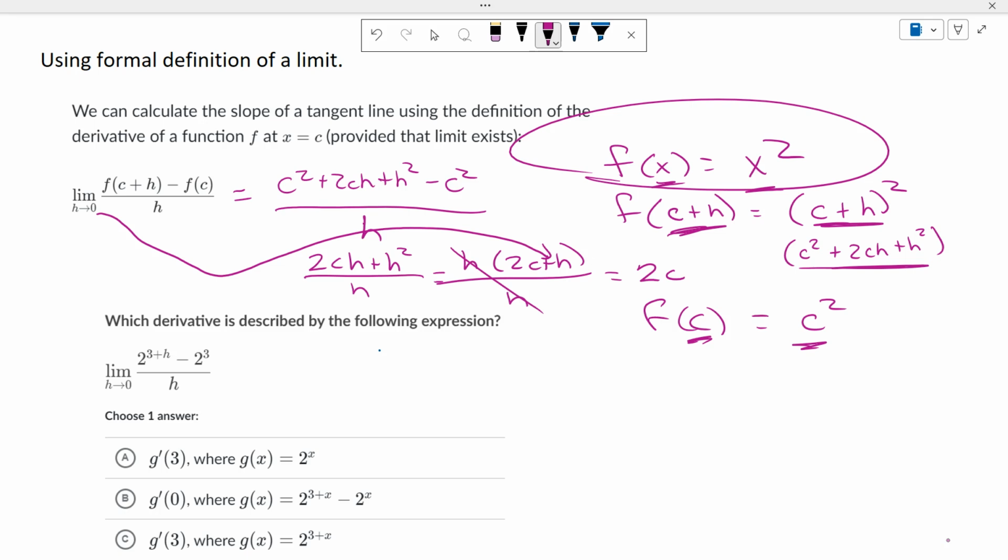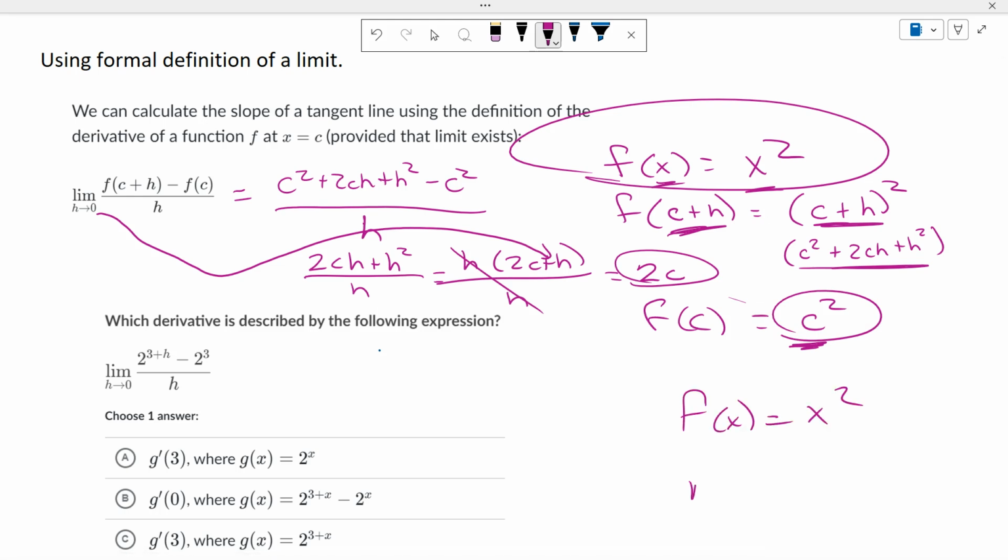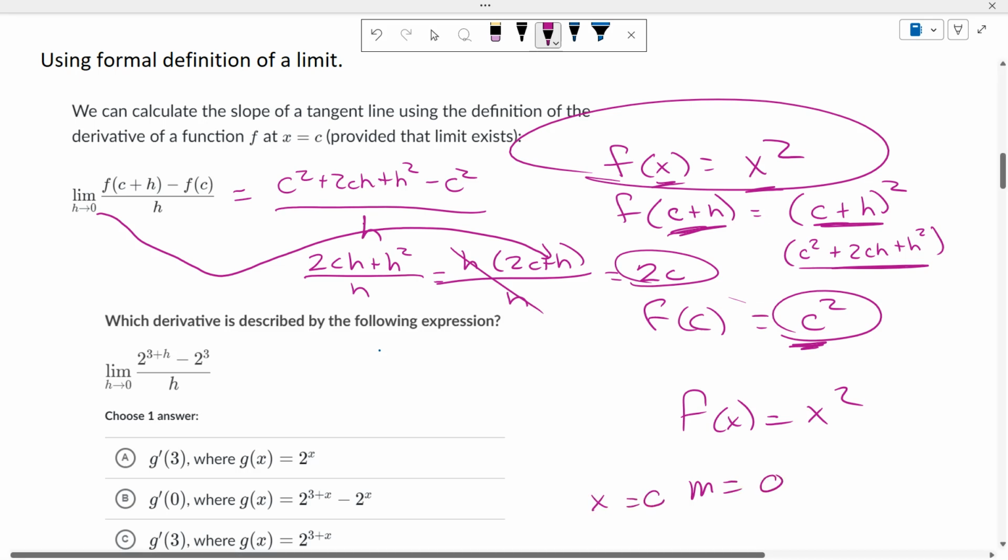So f of c is c squared. The first derivative is 2c. The first derivative of c squared is 2c. Remember on our first set of problems, we had f of x equals x squared, and our slope at 0 is 0. Our slope at 1 was equal to 2.